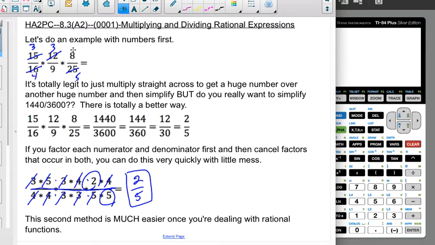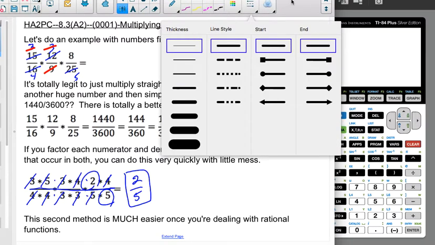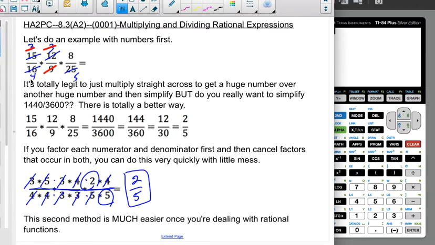At this point, I would say, oh, look, I can cancel both of those 3's with the 9, so the 9's altogether gone. And then I would say, oh, look, I can cancel this 4 with the 8 and get a 2, and sure enough, the only two numbers left standing are 2/5. So it might not look like you physically writing out all of the factors. You might just cancel numbers as you go.